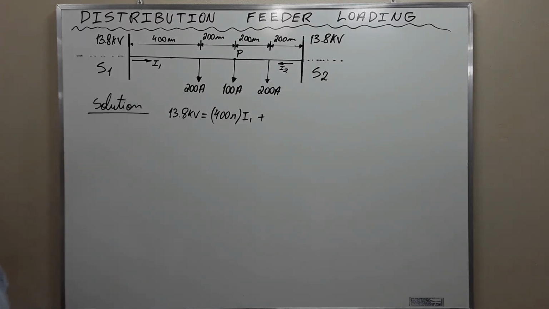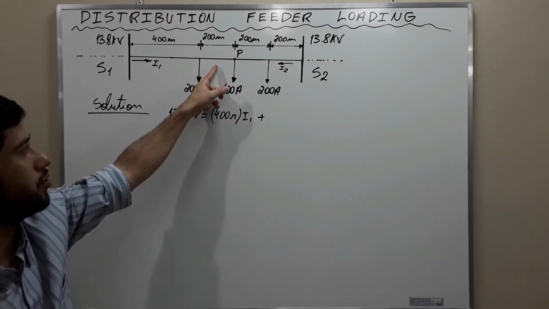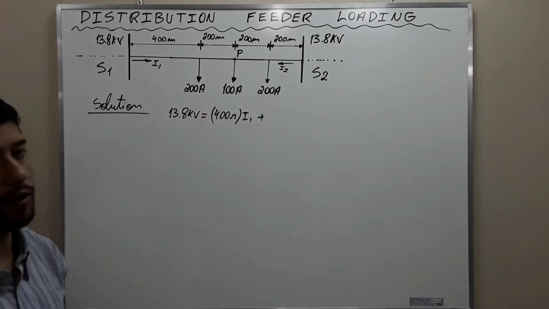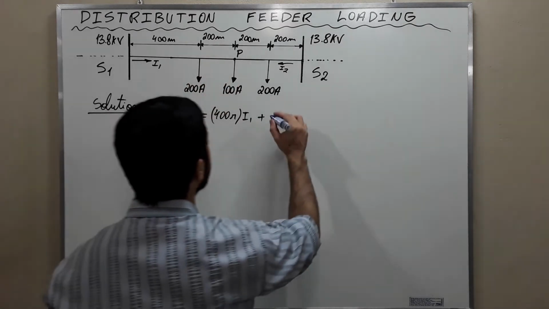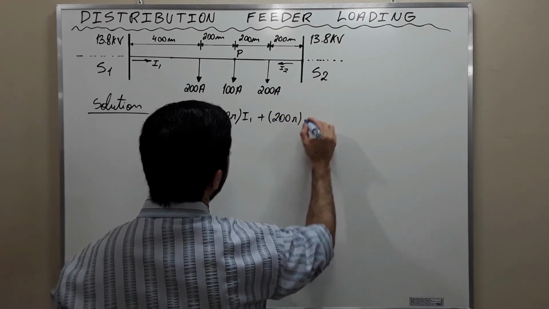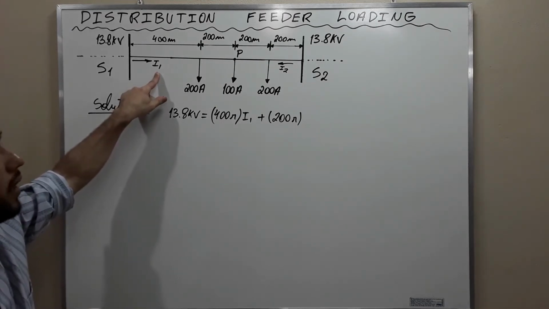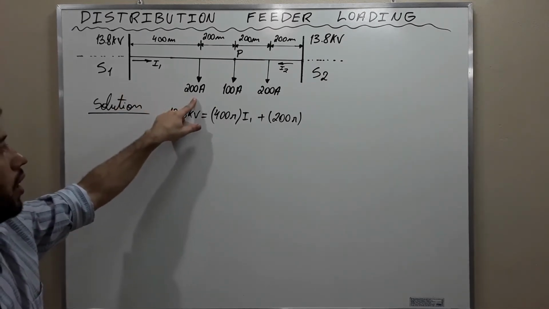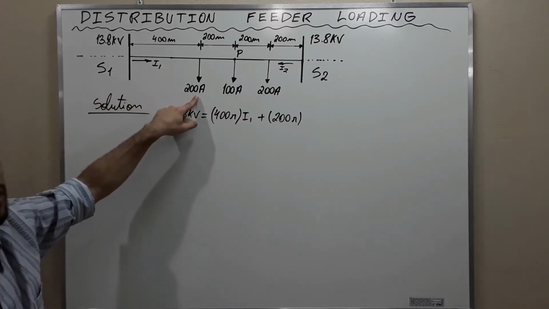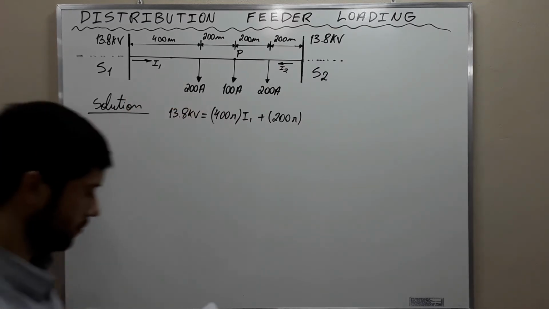Now let's calculate the voltage drop along this segment here. The voltage drop is going to be the resistance, which is 200 meters times the resistance per meter, and the current is going to be I1 minus 200 amperes, because part of I1 goes to this load.